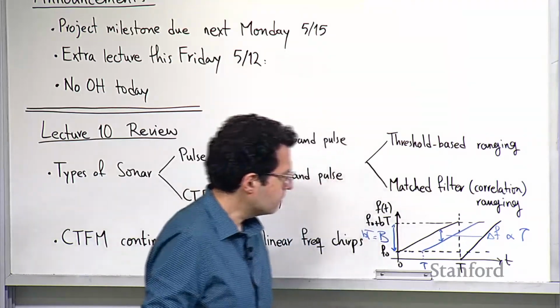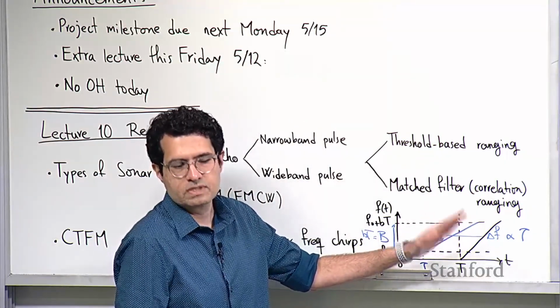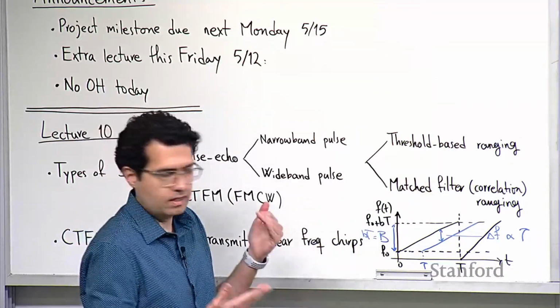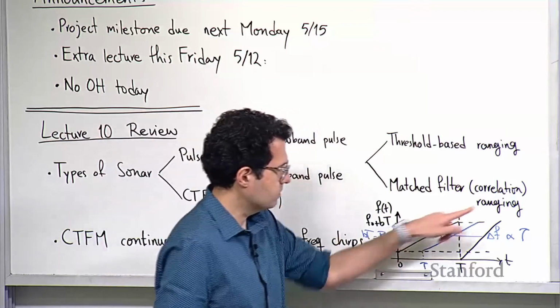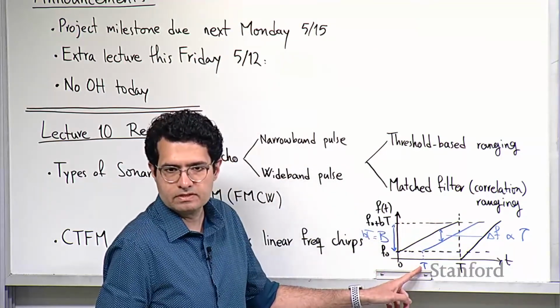What you receive is going to be just a delayed version of what you transmit. I mean, there's attenuation also, but if you look at the frequency of it, it's just going to be the same linear frequency chirp or ramp, just delayed by some round trip time of flight tau, right?